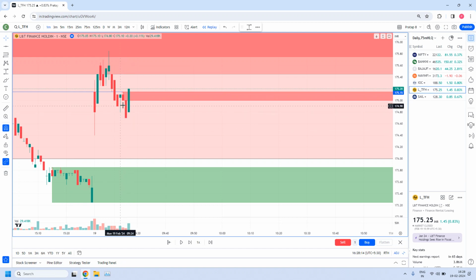Suppose the supply had been very strong, prices would have gone down further below. If prices reached near this demand zone, we would have booked our profit. Because we don't have clarity, because there is a pro gap area, we don't know how strong the order flow, the demand, is here.